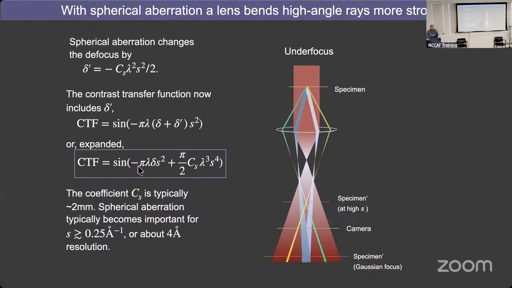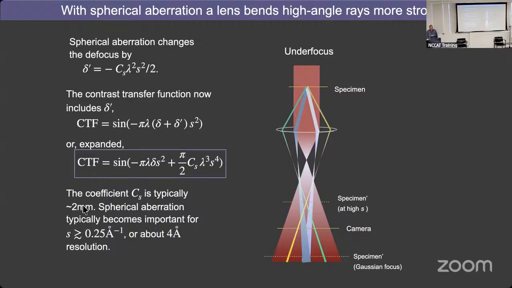As we increase the defocus, we have these negative sine functions, but then we have this positive extra term on the sine function that's going in the opposite direction.